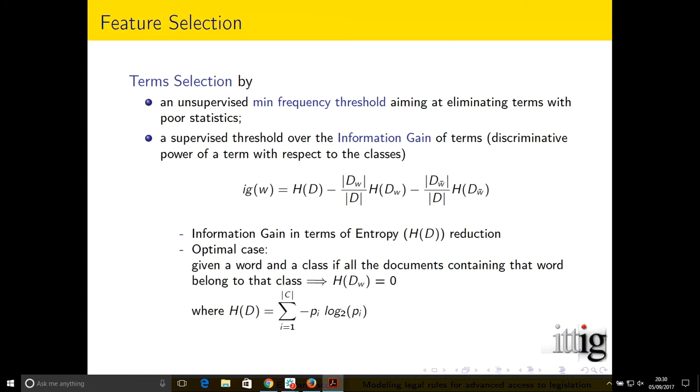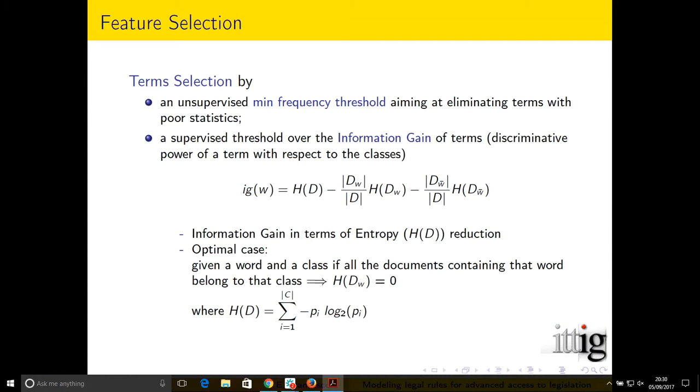The information gain is a very interesting measure of the discriminative power of a term. Basically, you can consider that if you have a document, a term and a class, if a specific term belongs to that specific class, it means that its informative power is very high.